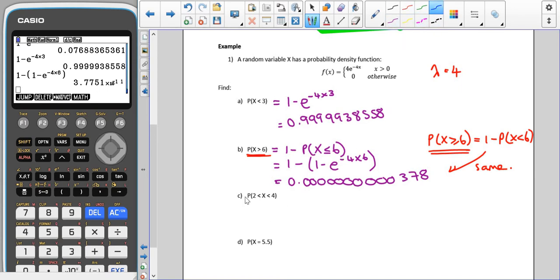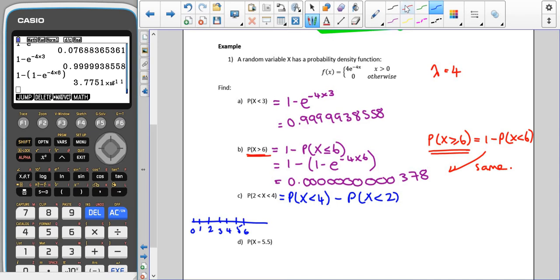So next we're looking at the probability that we get between 2 and 4. That's going to be the probability of x being less than 4, which would give us from just less than 4 all the way down to 0, minus the probability of x being less than 2. I've done a number line this time instead of just numbers because it is continuous, so we have to take into account the numbers between.